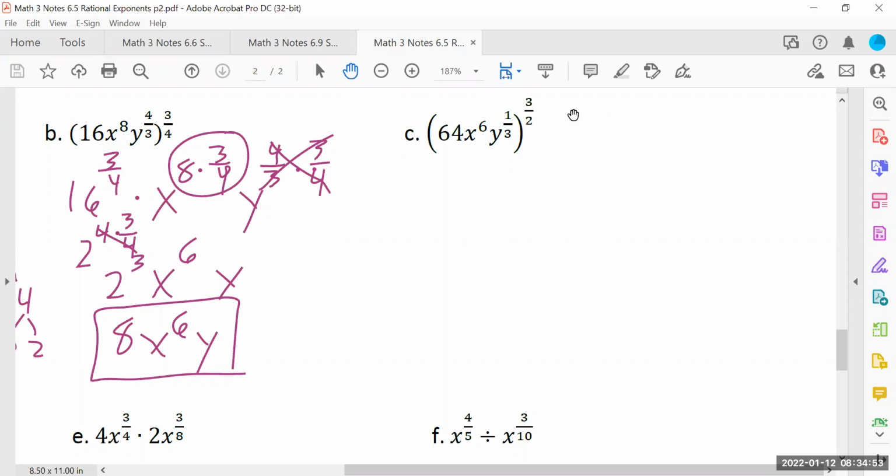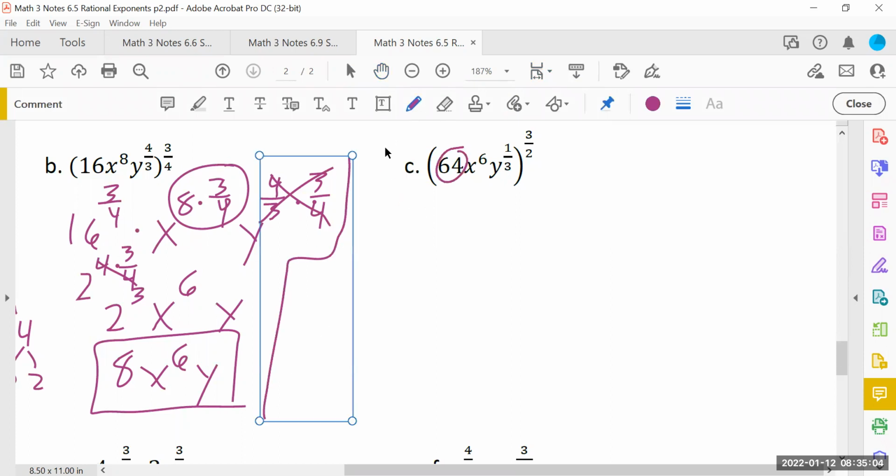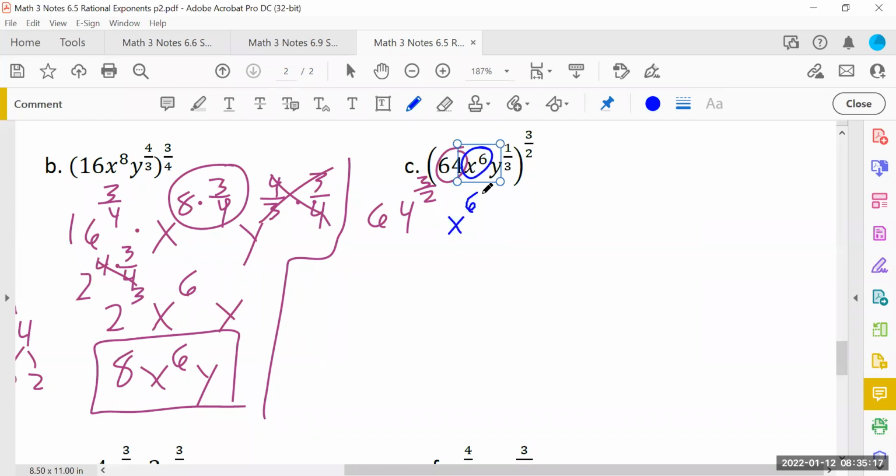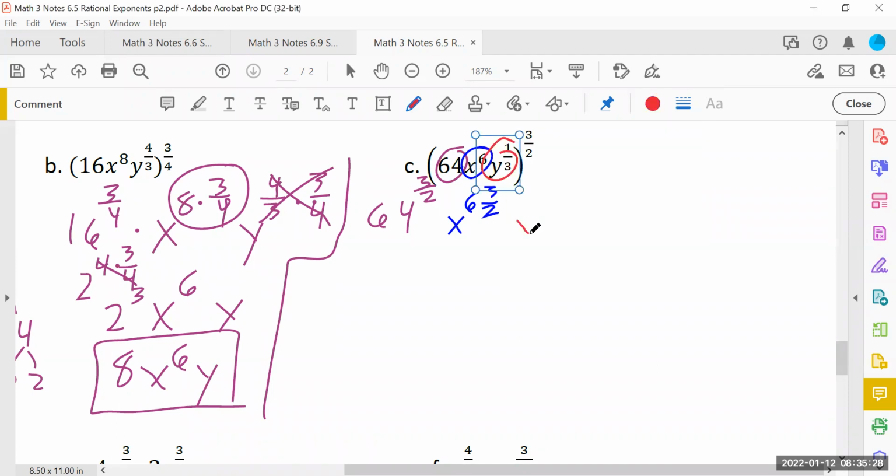So when I write this out, I'm going to say that we have the 64 to the 3/2 power, X to the 6th to the 3/2 power, and Y to the 1/3 to the 3/2 power.